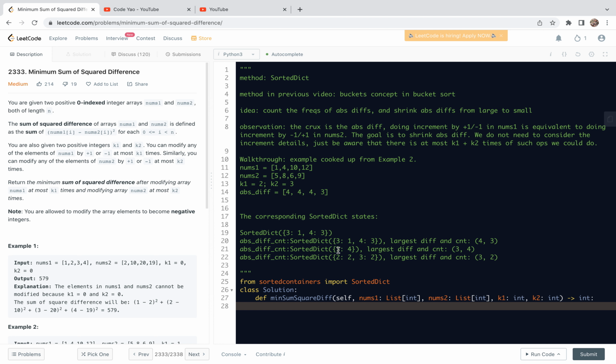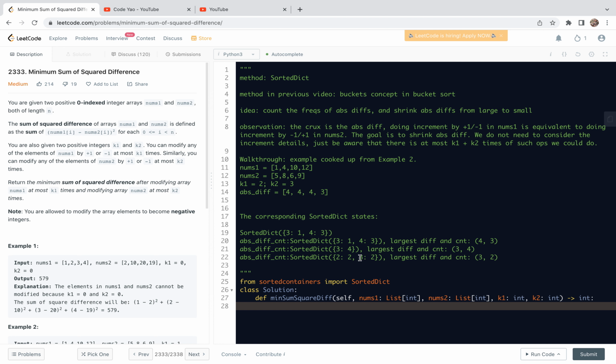So now the sorted dictionary contains the gap 3 with frequency 4. So it's also the largest for sure. So we have 2 allowed operations, because originally we have 5 and we use 3 in the first step. So now when we do the shrinkage, we can do the shrinkage for 2 instances of the gap 3 out of the 4.